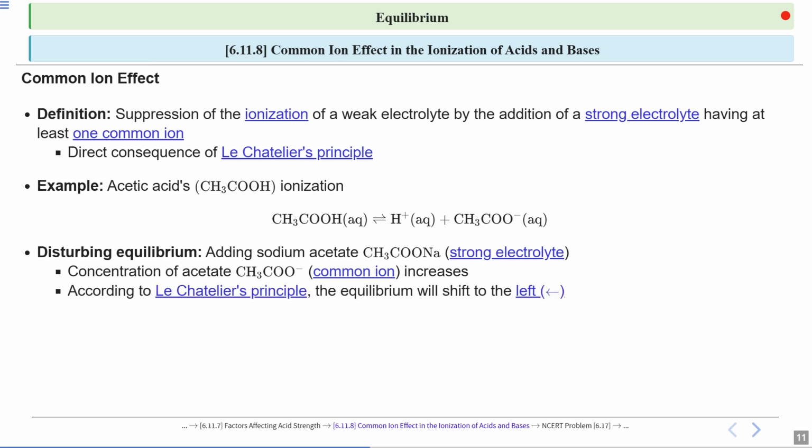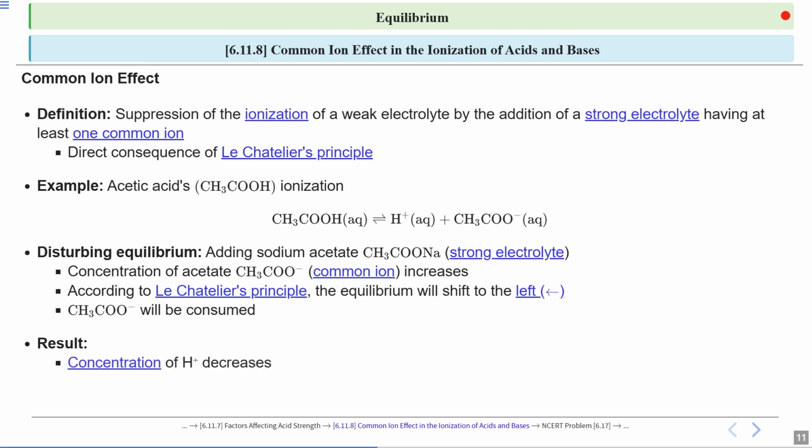How can we see it? We can see it through the lens of Le Chatelier's principle: if you are disturbing the equilibrium by adding more product, the reaction will move in the backward direction to consume that extra amount of product you have added. Got it? As a result, what will happen?